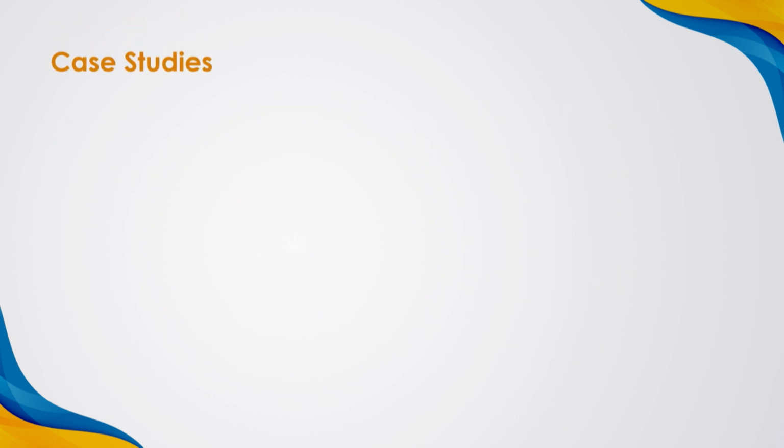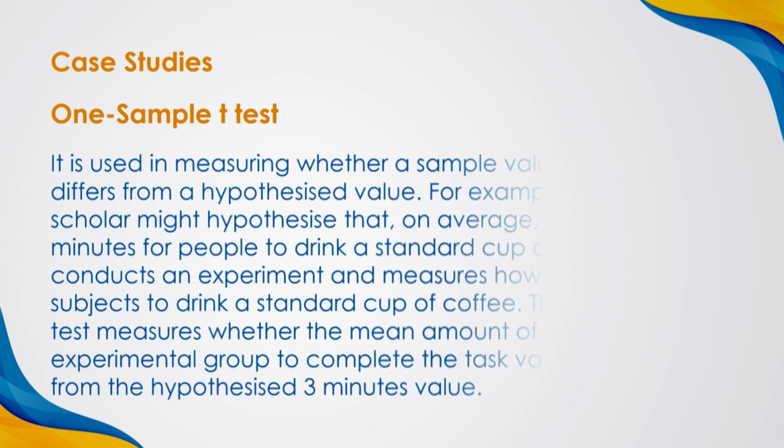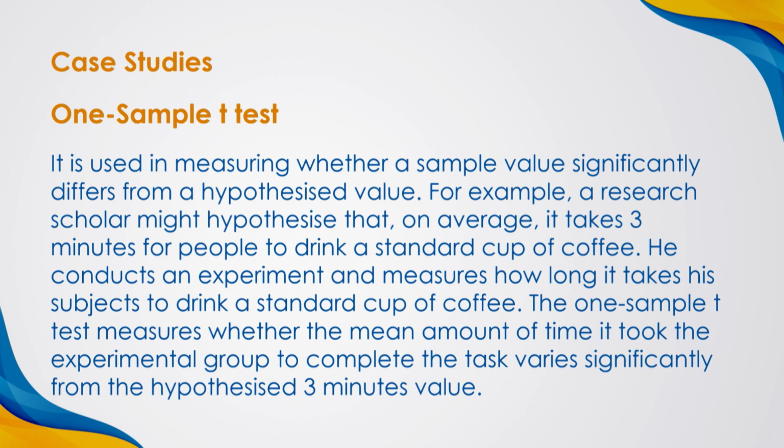Case studies. One sample t test. We can see some examples for one sample t test. It is used in measuring whether a sample value significantly differs from a hypothesized value. For example, a research scholar might hypothesize that on average it takes 3 minutes for people to drink a standard cup of coffee.